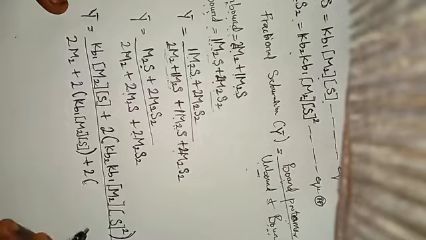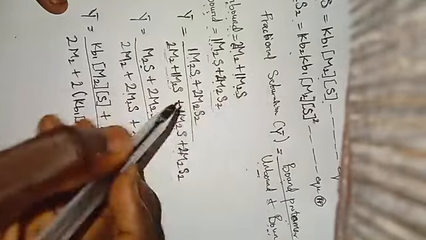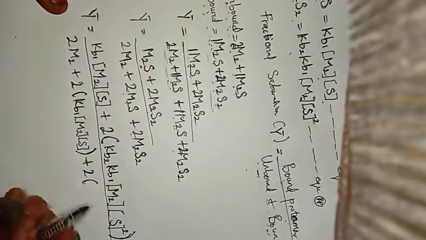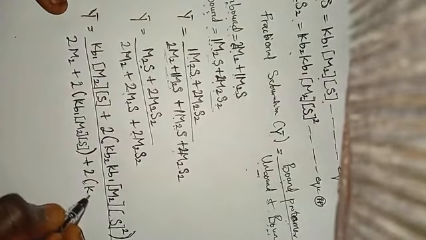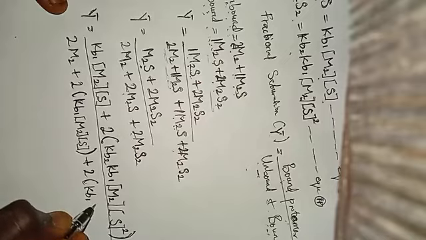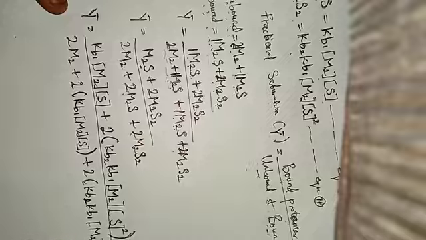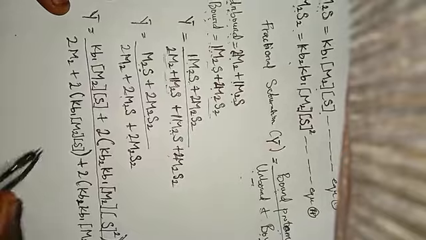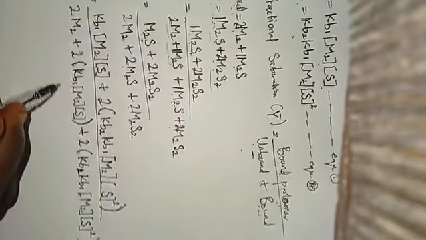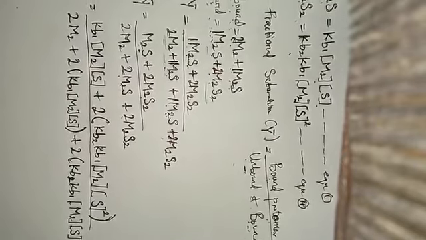M2S2 is the same thing as this: KB1, KB2, M2, S square.